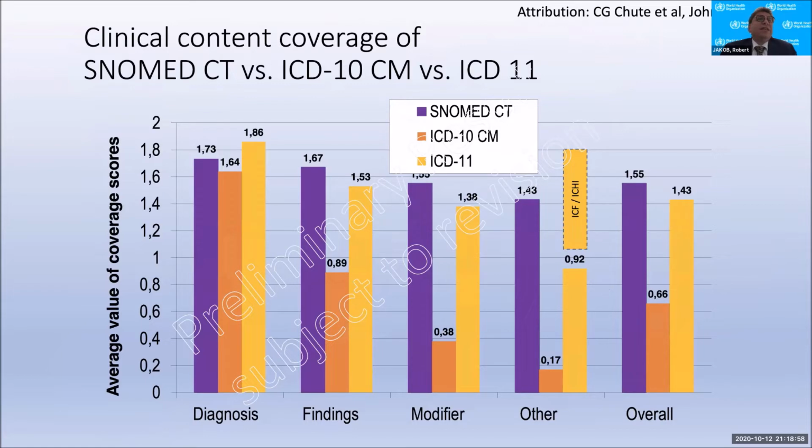And you can see that if it's about coverage of terminology and content, the ICD-11 is doing very well. Only in the other parts, where it is about functioning and about interventions, of course, it falls short. But if you add the other sibling classifications, you are on par with the other systems, with the difference that ICD-11 is free.